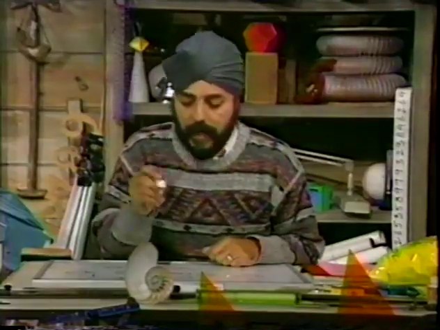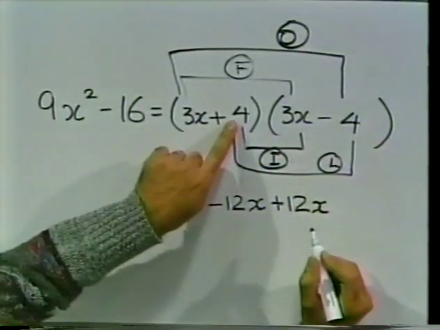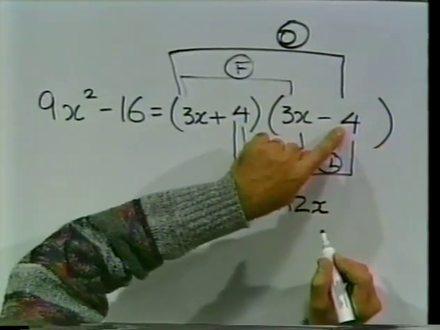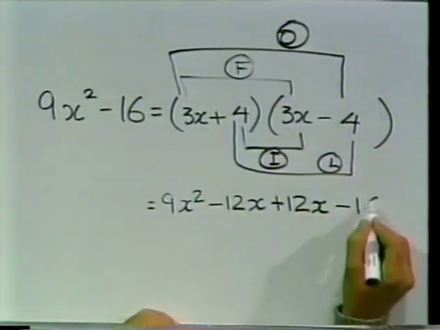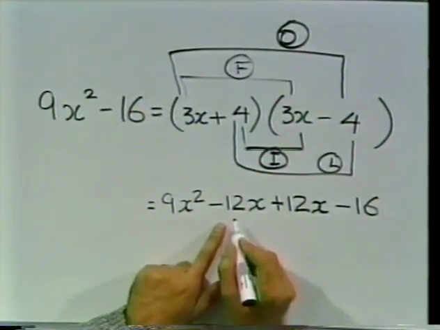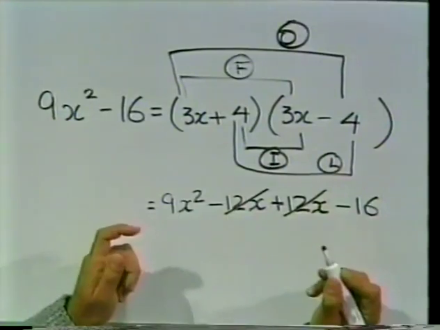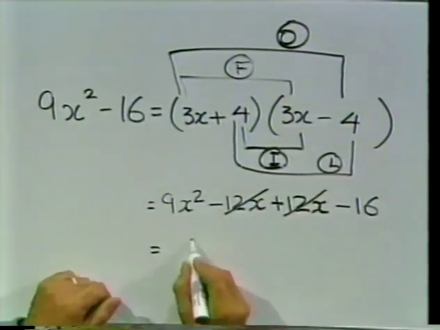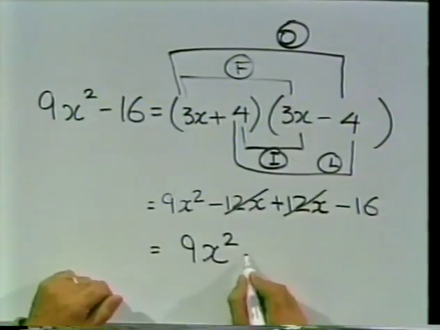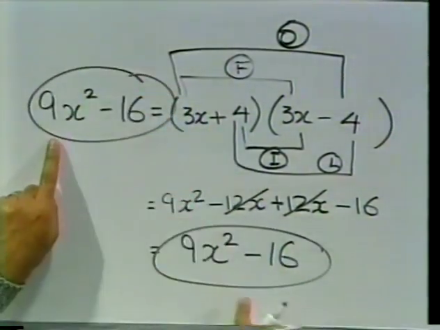And finally, the last terms. Positive 4 times negative 4, which is negative 16. When I look at these terms, I see negative 12x and positive 12x cancel each other out, which gives me the original expression 9x squared minus 16. Therefore, my factoring is correct.